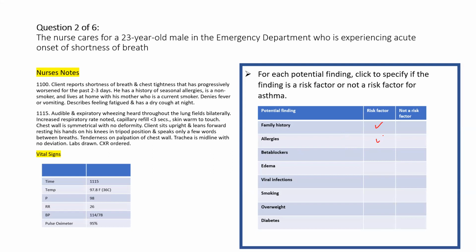You remember when patients have previous allergies like hay fever and eczema, these are risk factors. Beta blockers. Yes, because beta blockers block the effects of beta 2 receptors, and therefore would cause, what do you call that? Bronchoconstriction, right? So this is going to be a risk factor.